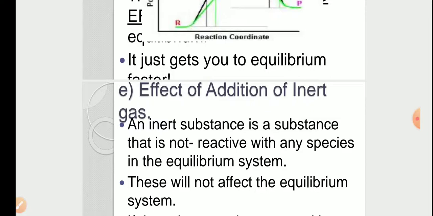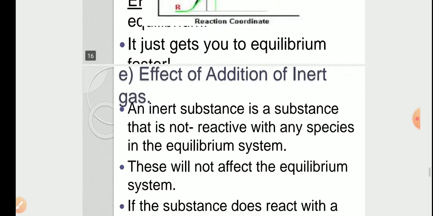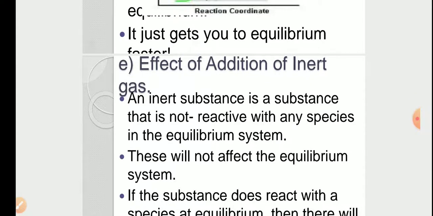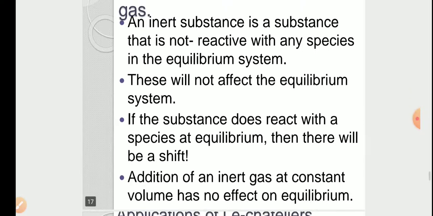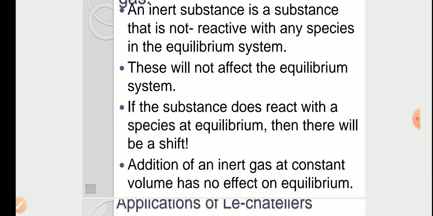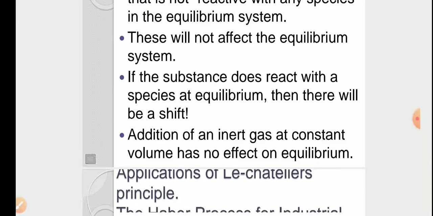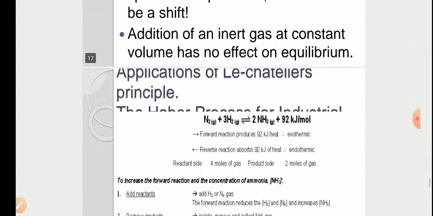If you insert some inert gas, it will increase the pressure, but it does not affect the equilibrium system. If a substance reacts with the species in equilibrium, then there will be a shift. But as an inert gas does not react, there will be no problem. Addition of an inert gas at constant volume has no effect on equilibrium.